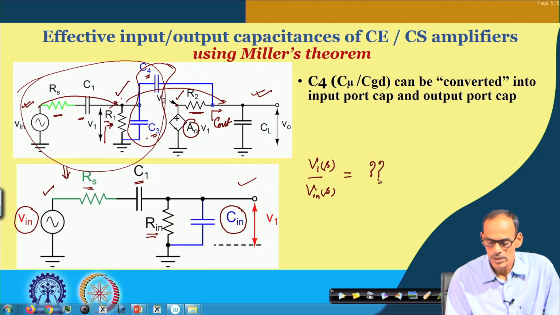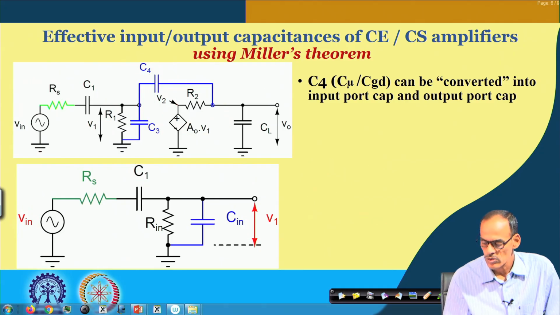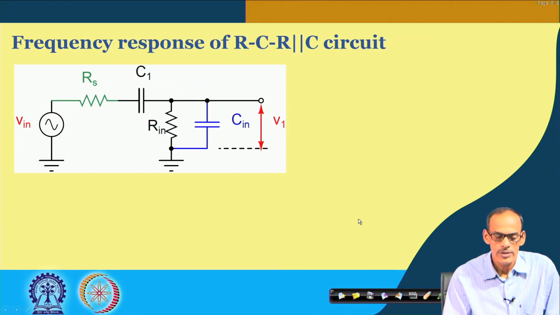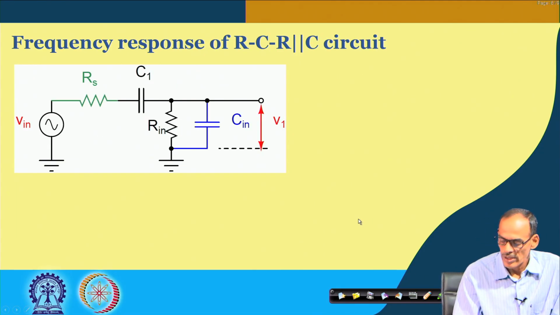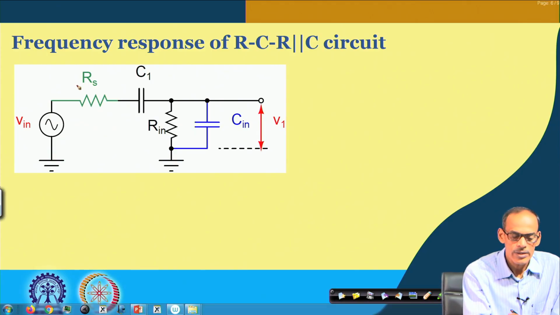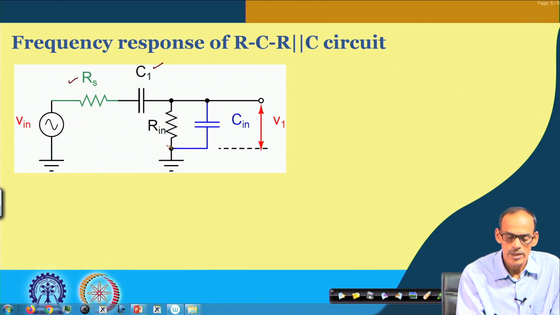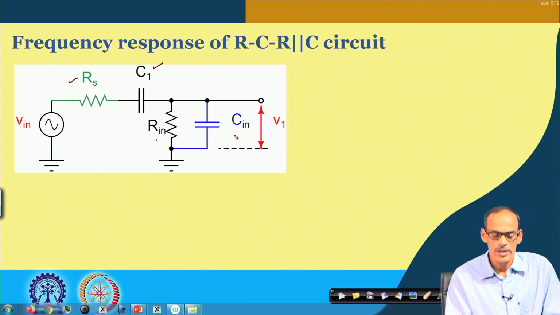So, in the next slide, what we are going to do is analyze this R in series with C, in series with R in parallel with C. So, we do have this circuit, we do have R and then C and then R and the C coming in parallel.